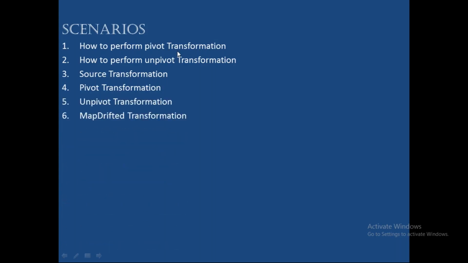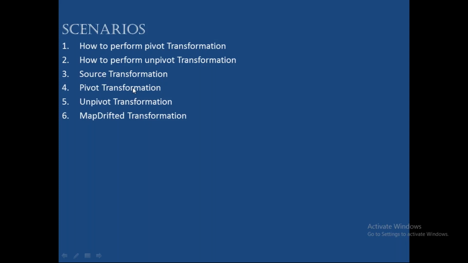Sorry. In pivot transformation, this map drifted transformation will come. In pivot transformation, you are basically converting rows to columns.